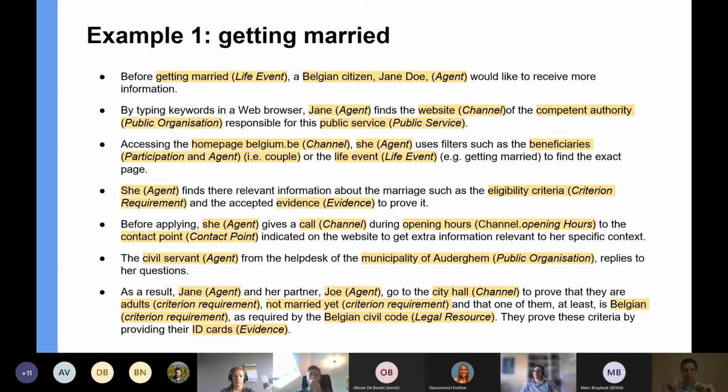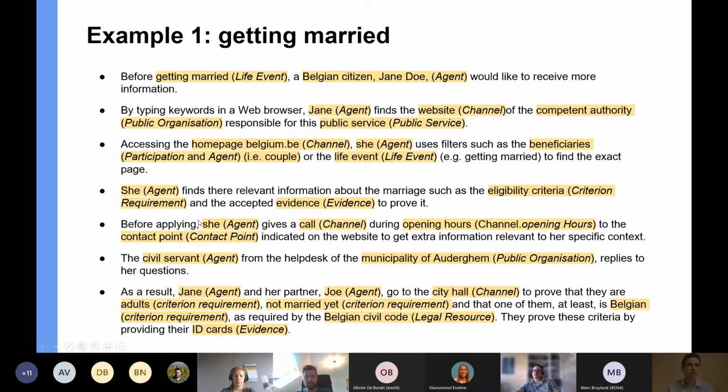Based on those filters, she's able to find the proper page where information is displayed to her. On this page, she finds information about the criteria and the accepted evidence to prove those criteria.